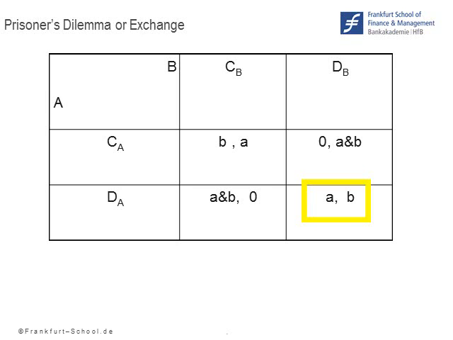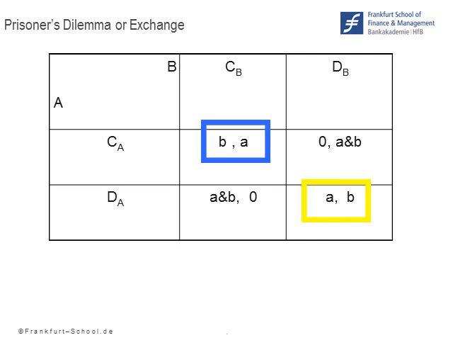So regardless of what the other does, it's better not to keep to the agreement. That means we will end up with what we had before. However, we would both be better off in case of trade. We would be better off if the exchange would happen as agreed on, because this is the whole point of the exchange.